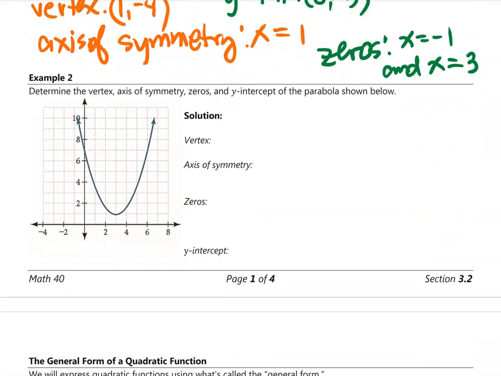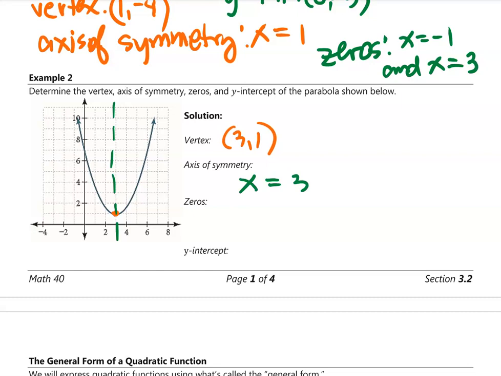Next, example number 2: determine the vertex, axis of symmetry, zeros, and y-intercept of the given parabola here. Since this is smiling, you have the bottom part of this parabola, and that is the vertex. What is this? (3, 1). The axis of symmetry is x equals 3.